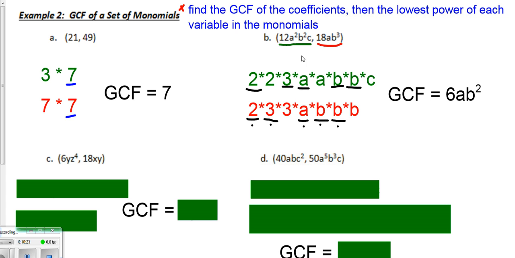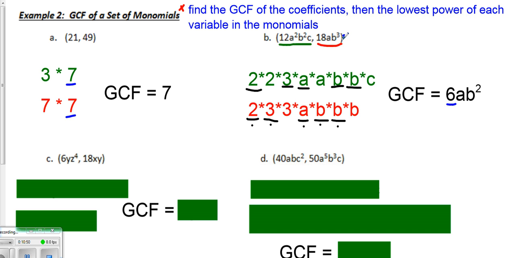As a shortcut, if you can recognize the greatest common factor of our coefficients, 12 and 18, that greatest common factor is 6. That's right there. The lowest power of each variable: the lowest power of A would just be 1, happens right there. The lowest power of B is 2, happens right here. And the lowest power of C would actually be over here.